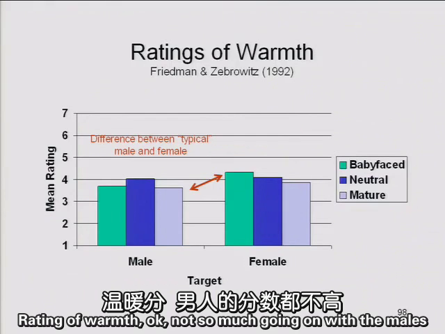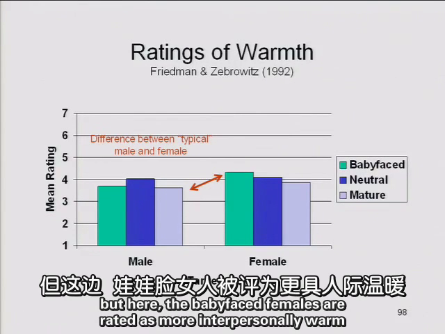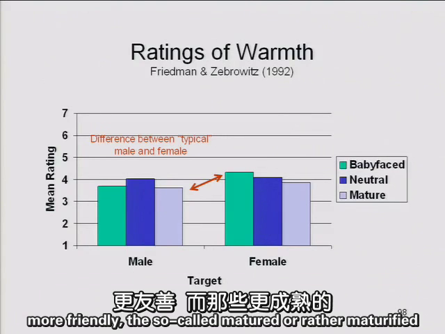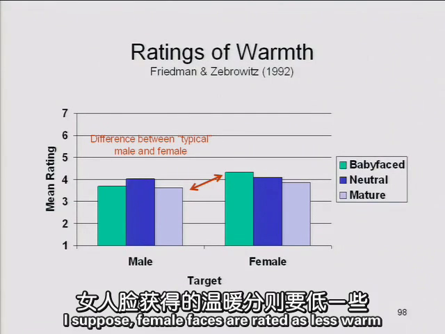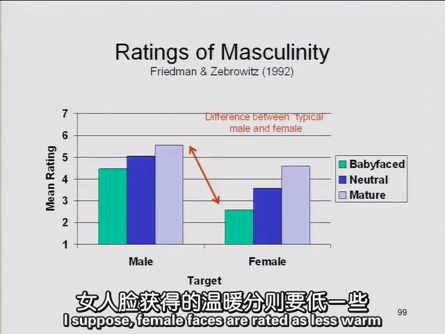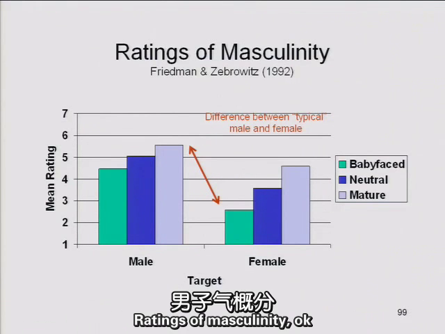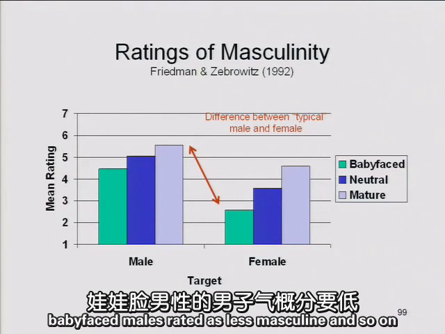Ratings of warmth: not so much going on with the males, but the baby-faced females are rated as more interpersonally warm, more friendly. The so-called matured, or rather maturified, female faces are rated as less warm. Ratings of masculinity: baby-faced males are rated as less masculine, and so on.